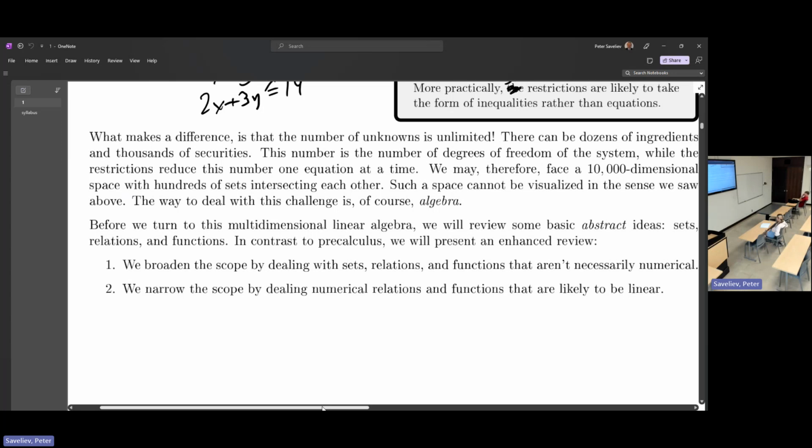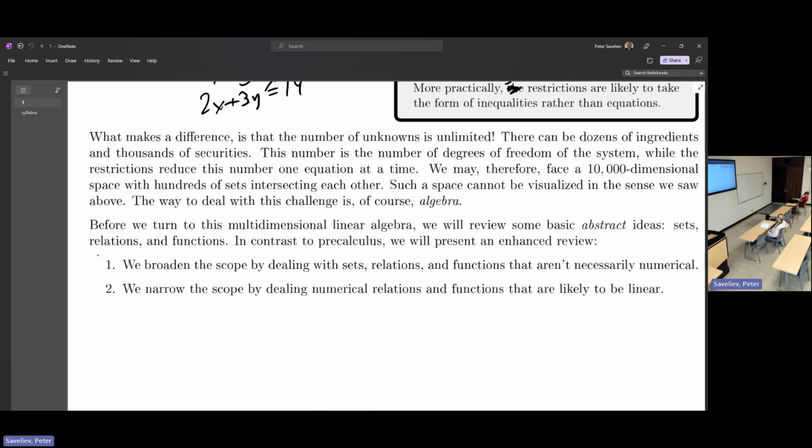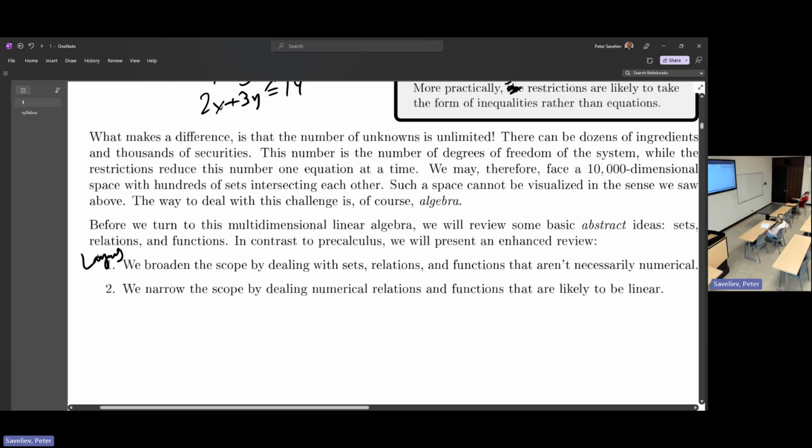We only will be dealing with relations and functions that are or likely to be linear. Not even quadratic. So that certainly simplifies things. So then it is a language. That's what this is, a simplifying language. This is, for part 1, a simplifying language of mathematics.